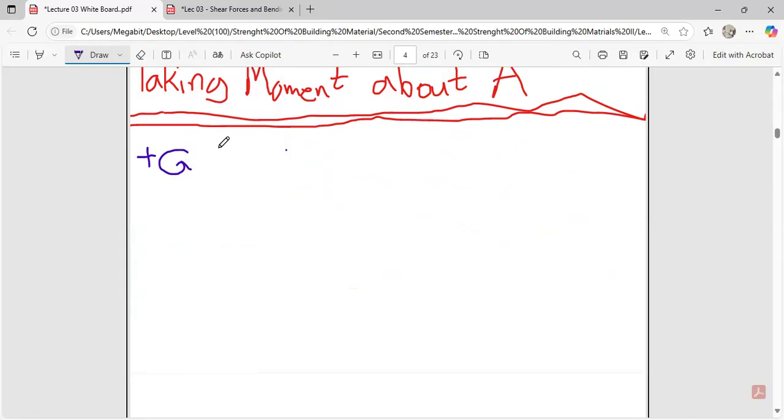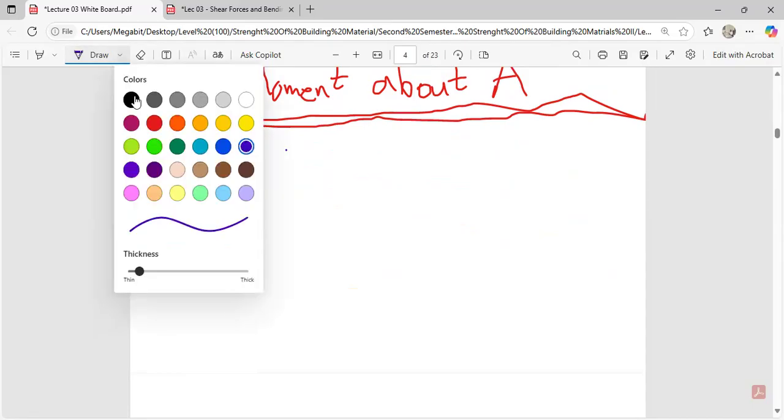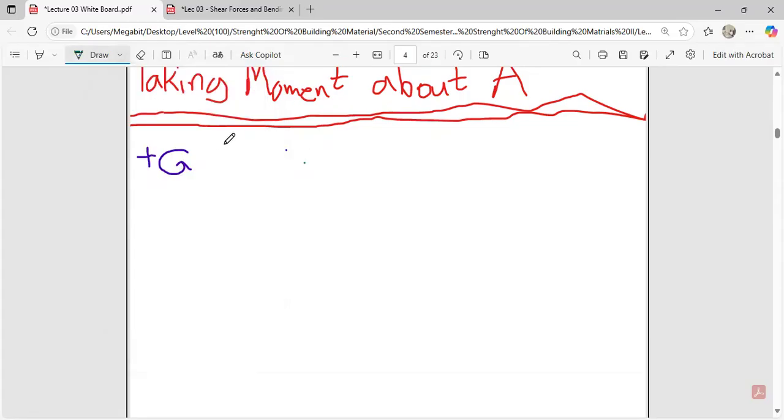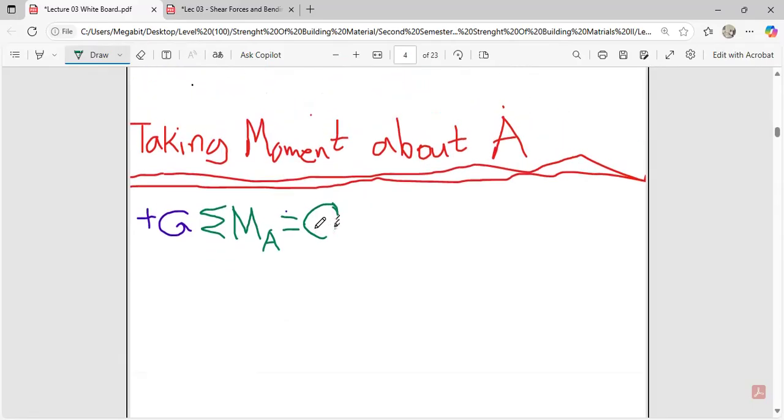Then from there we say the sum of all moments about A should be equal to zero.